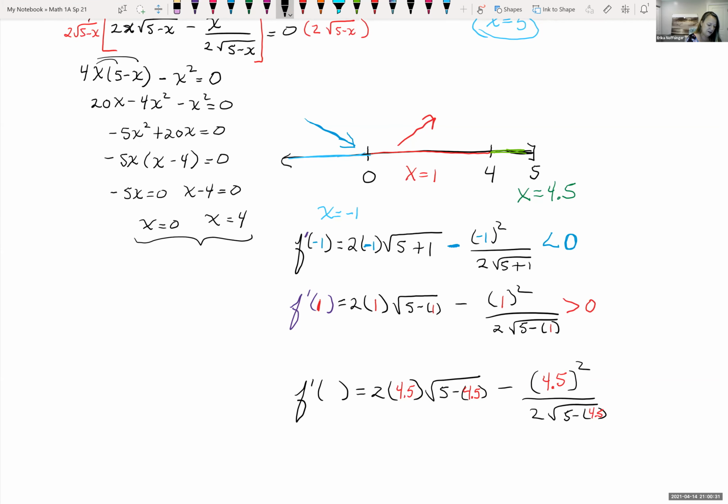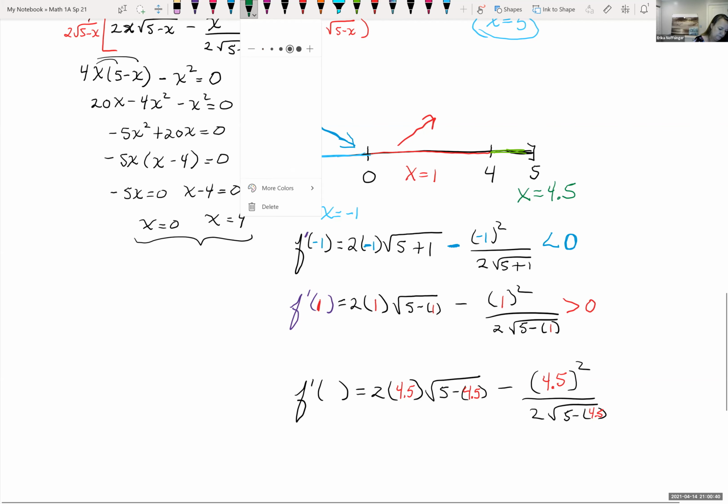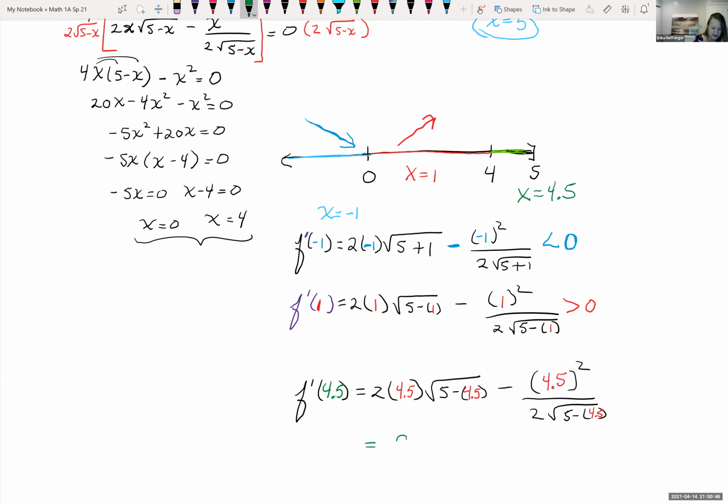I'm not quite sure if it's positive or negative, so I would go through and start doing more. I should put this in green, but I didn't. So this would equal 9 square root of 0.5 minus 4.5 squared, which is 20.25, all divided by 2 square root of 0.5. I need parentheses around the whole denominator.